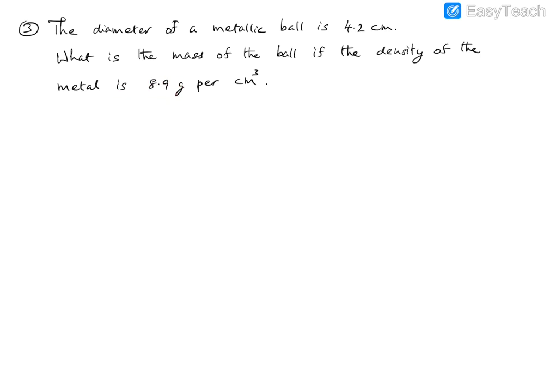Now to solve this, we need to know some information from our physics topics. What is the relationship between mass, volume and density? The definition of density is mass per unit volume. So we need to have some background of the concepts in physics related to density.